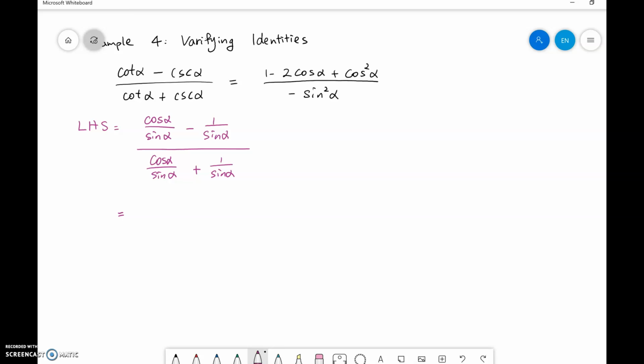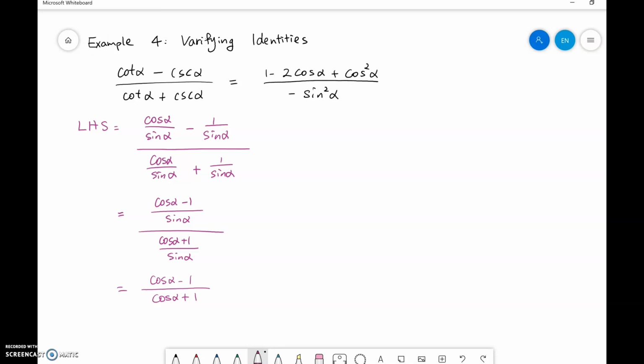On the numerator, it will subtract as cosine of alpha minus 1 over sine of alpha. The denominator will become cosine of alpha plus 1 over sine of alpha. The complex fraction will be reduced as cosine of alpha minus 1 over cosine of alpha plus 1. Okay, so this is how far I can simplify it.